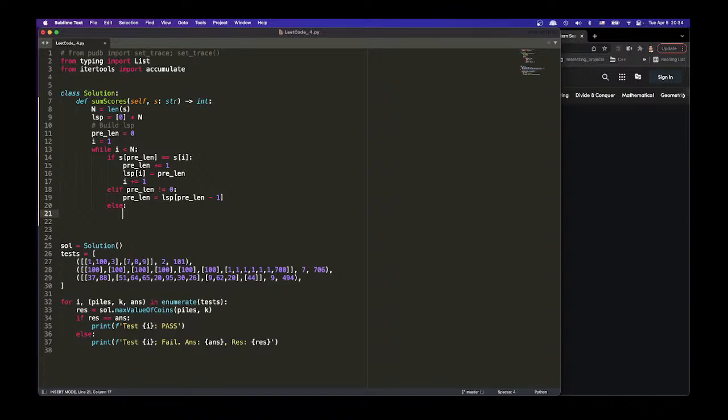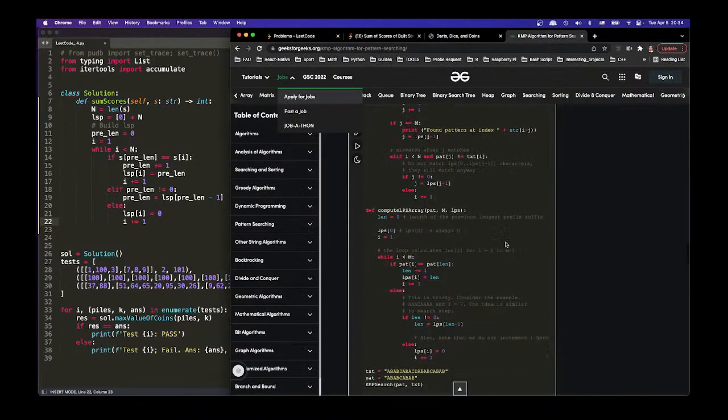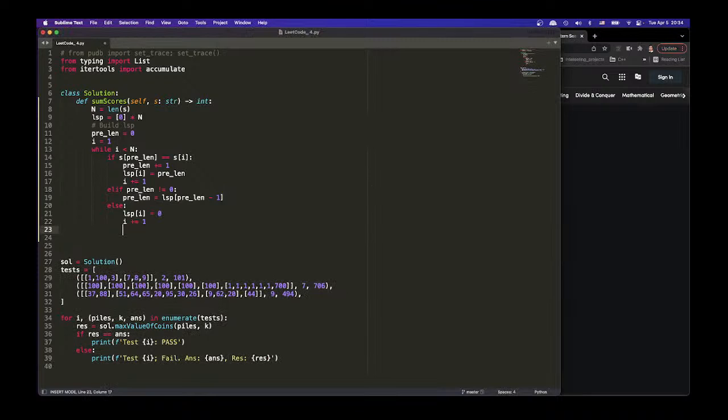Then we simply say LSP[i] equals 0, and i += 1. Right? Okay, let's check if it's the same. Yeah, so that is building the LSP.